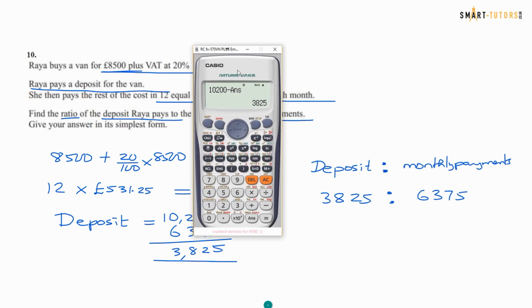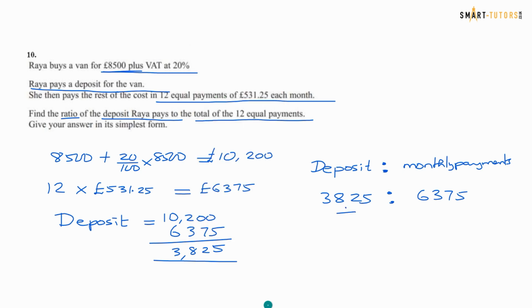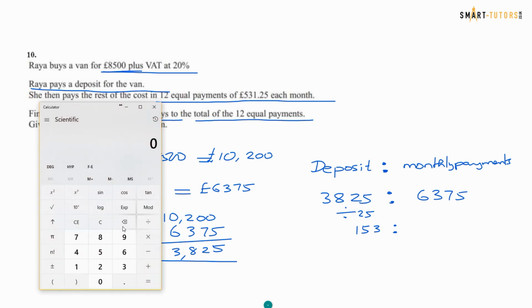3,825, I think both of them divide by 25, so 153. So this divided by 25 is 153 to 6,375. So I'm going to use the calculator. 6,375 divided by 25 gives 255.